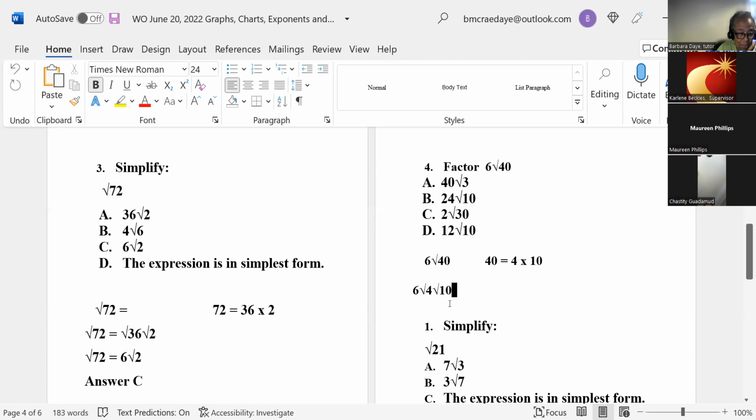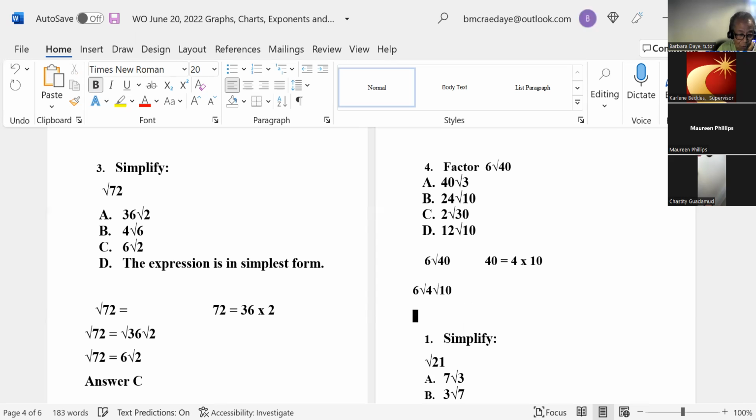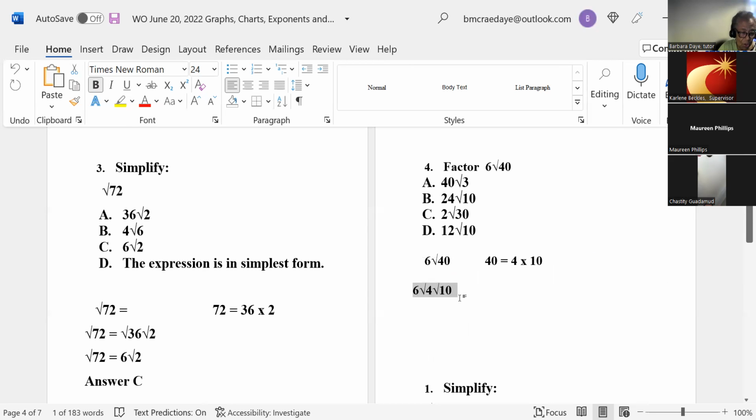Now, what is the square root of 4, Maureen? 2. Okay, so this becomes, let's just rewrite this and put our square root of 4, that you just told me is 2.